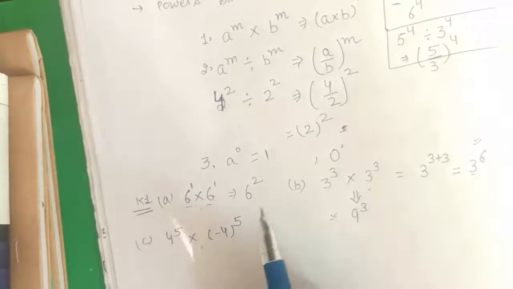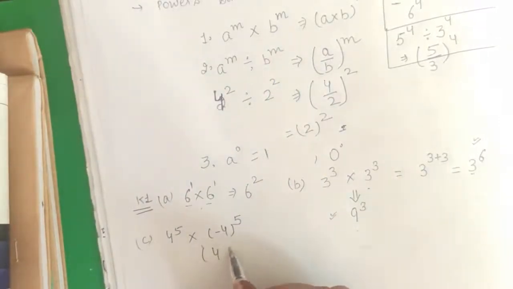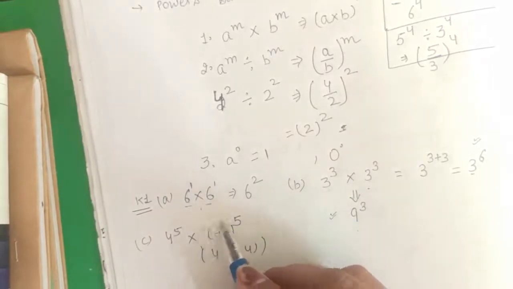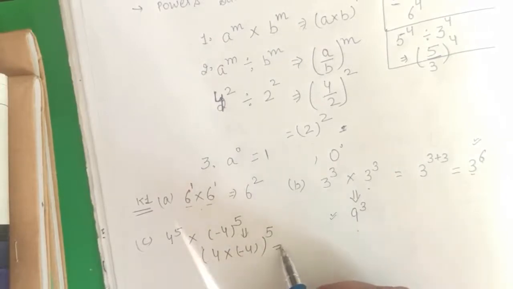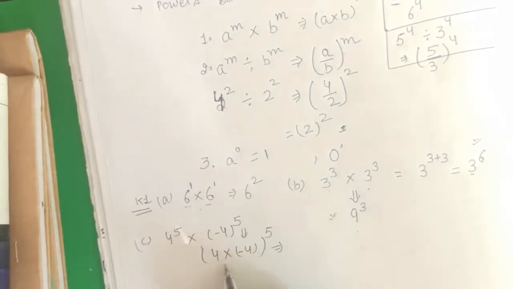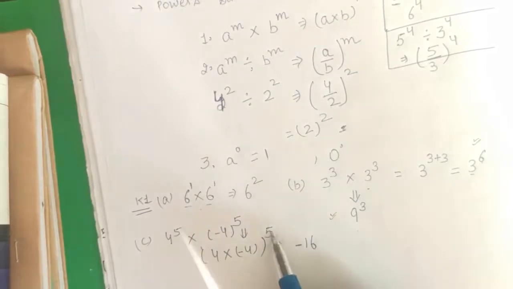So for this we will use this formula. 4 multiply with minus 4 and powers will remain the same as it is. Right? And answer of this is 4 4s are 16. Minus sign will remain same because power is of odd number.